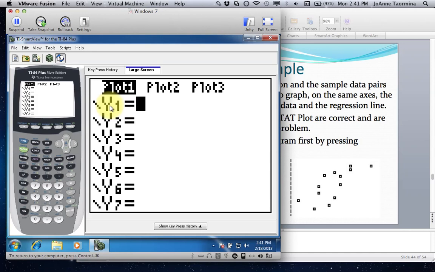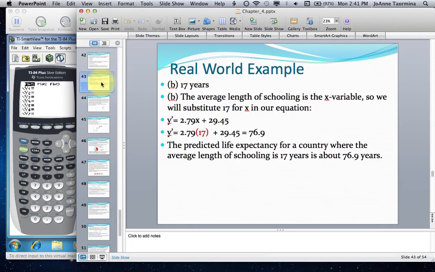You have a place for you to put a linear equation. So this y1 on the left hand side is basically y prime in our linear equation. We're going to put the value for our linear equation, which I now forgot, what was it? 2.79x plus 29.45.